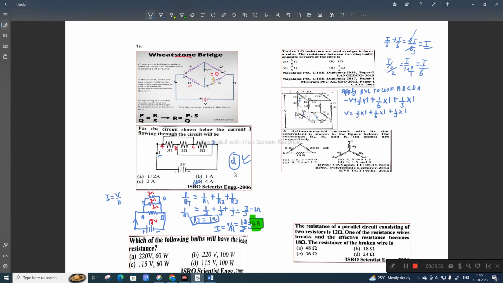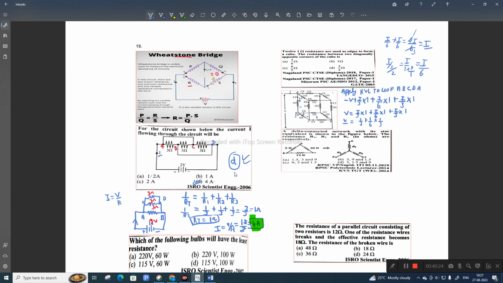And if you calculate, sorry, this is not 1 by 3, this is current I, I by 3. Then you have 1 by 3 plus 1 by 6 plus 1 by 3.